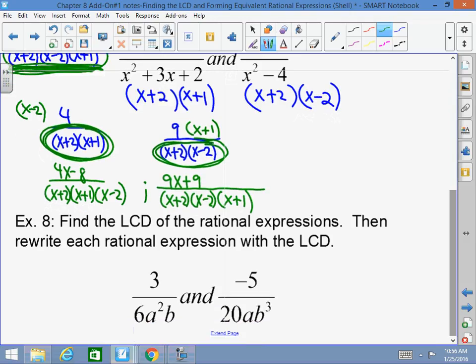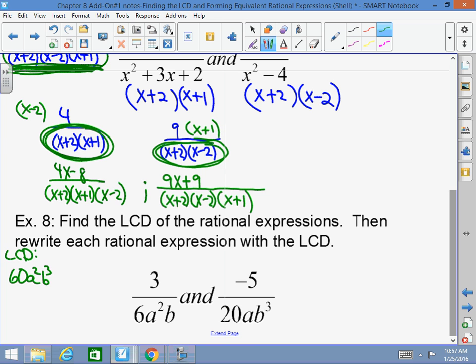How about for this one here? What's the LCD here? What's the LCD between 6 and 20? 30? Actually, no, 30 is not a multiple of 20. It'd be 60. And then what about the variables? A squared and b cubed.